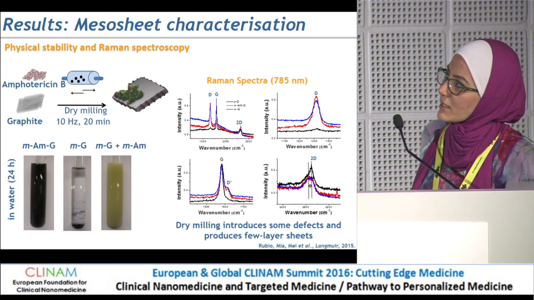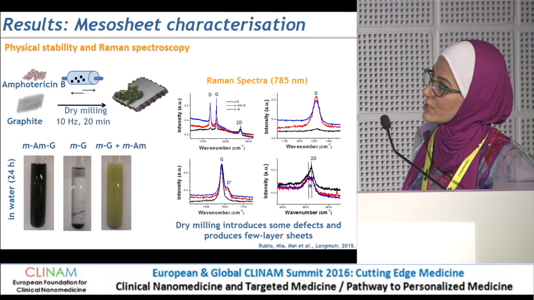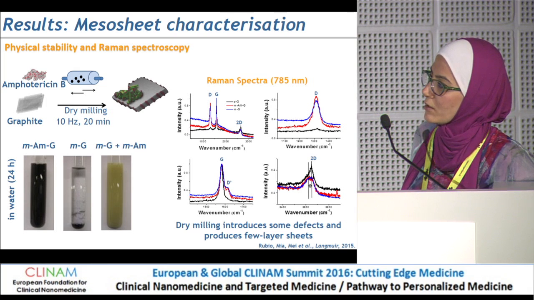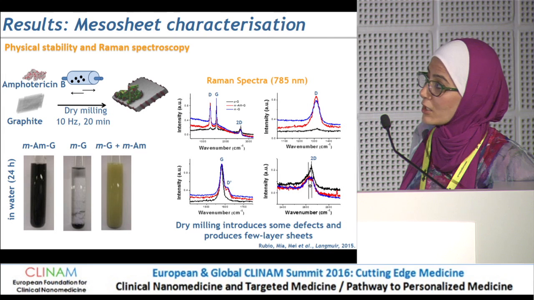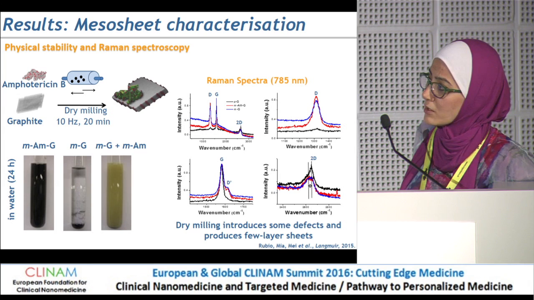We then looked at how this affects the properties and how many defects you introduce to the material. You have the characteristic D and G bands, and the D band reflects the number of defects in the material. You can see that upon milling, you're increasing the D band compared to the graphite, which is expected, and that tells us you are introducing some defects to graphene. But it also tells us we are able to form few layers by looking at the 2D band.